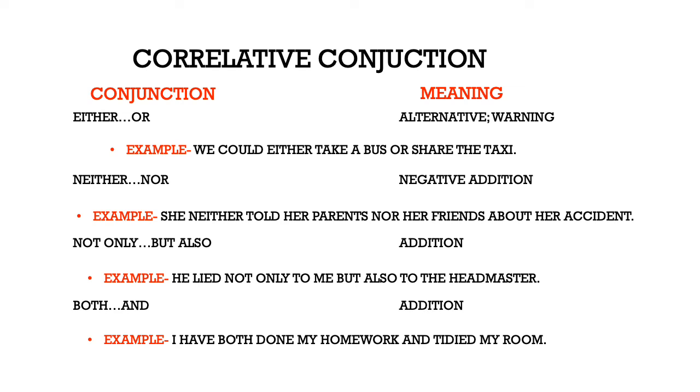Okay, they are both related to her, and she has not told about her accident to her parents and her friends. So it's a negative addition, meaning she has not done a particular thing. And what is that particular thing? Not told about her accident to two people, one the parents and other the friends.